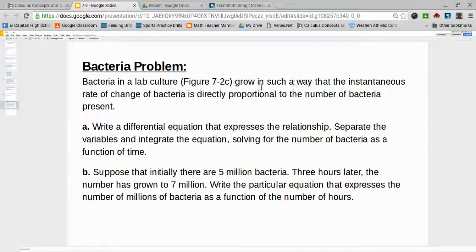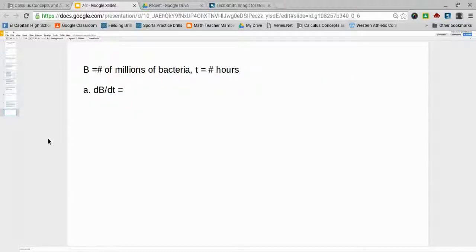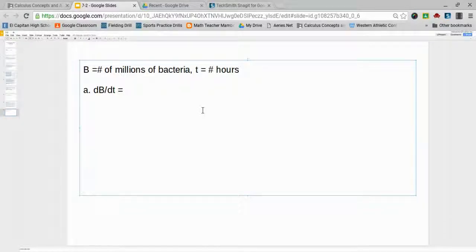Remember it said that it grows in such a way that the instantaneous rate of change of bacteria is directly proportional to the number of bacteria present. So again, the instantaneous rate of change, that's what dB/dt is, directly proportional, there's K, to the bacteria present. All right?